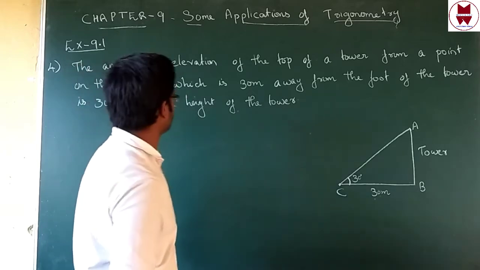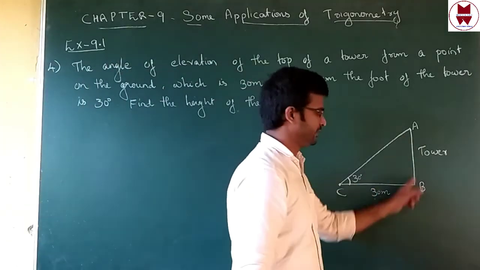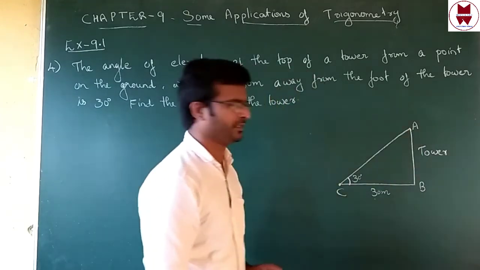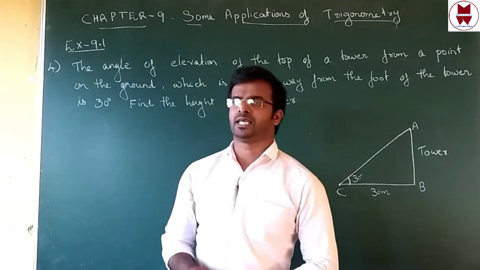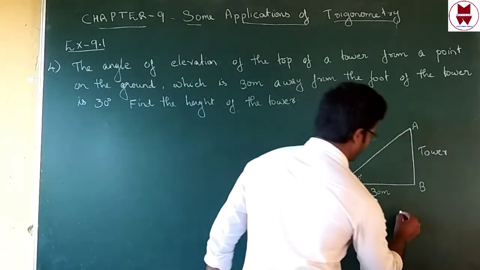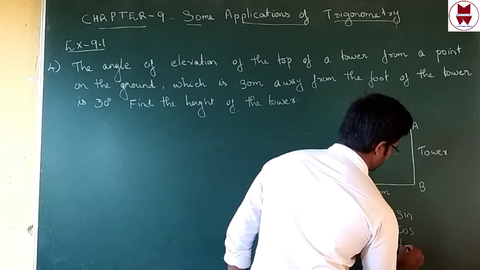Then what is our question? We have to find the height of the tower. This AB, we have to find it. That is our question. Then, in this chapter, we will use only 3 trigonometric ratios. First one is sine, then cos, and tan.